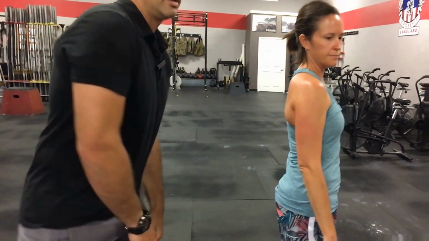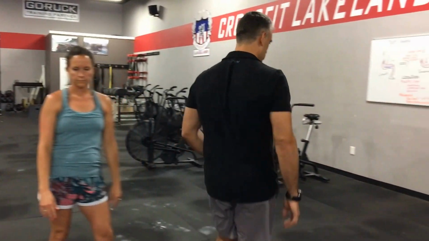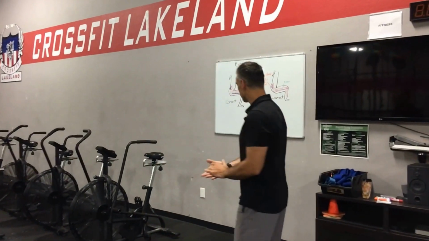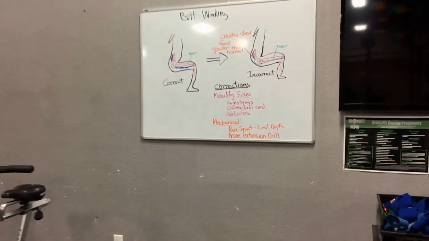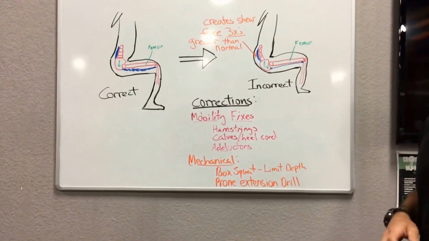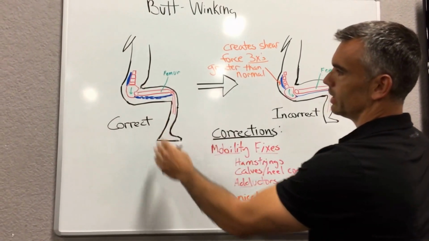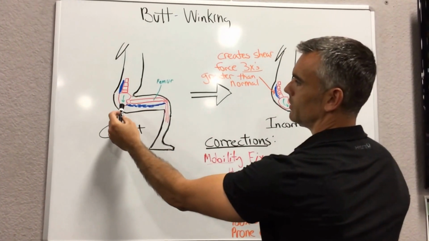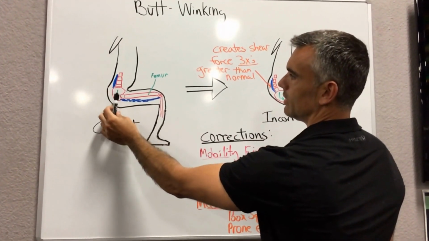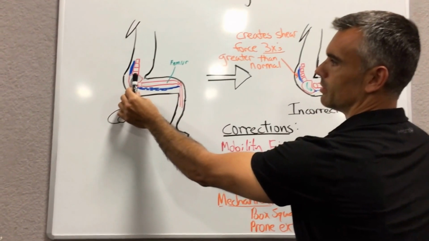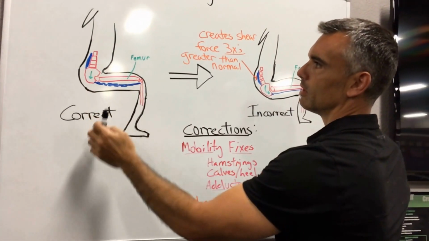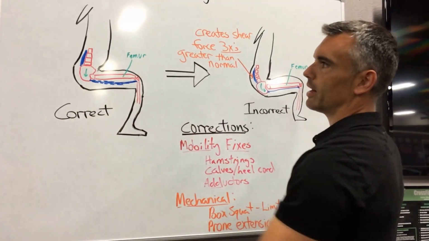All right, so how do we correct that? Well, if we come over to the board here, we wanted to go over a couple of things. What happens when we check out the butt wink? Well, this is the correct position that we want to see the hips in. I have an arrow pointing down, this is the pelvis here. The pelvis is in a neutral position, and we maintain our natural lordotic curve here.